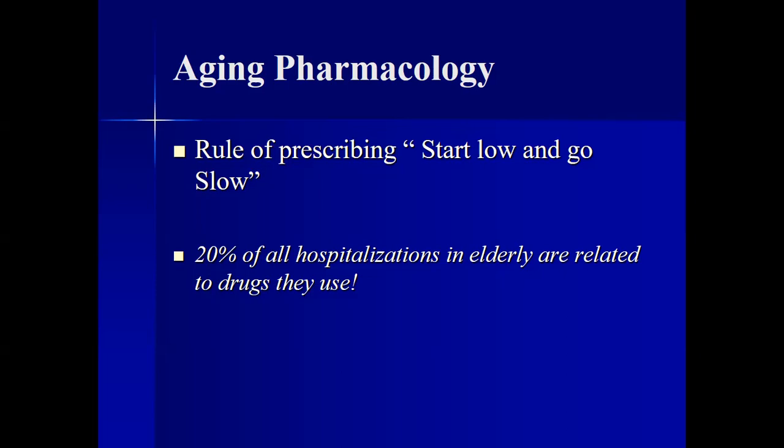And 20% of all the hospitalizations in the elderly are related to drugs they use, because the kind of drugs they are using, they are more prone to have side effects and adverse effects, and that's the reason they get into hospitalization. So as a primary healthcare physician, if you carefully review their problems, the geriatric population's hospitalization is going to be decreased.